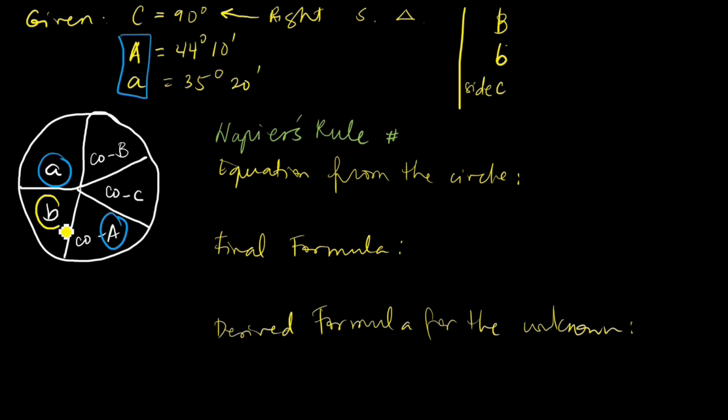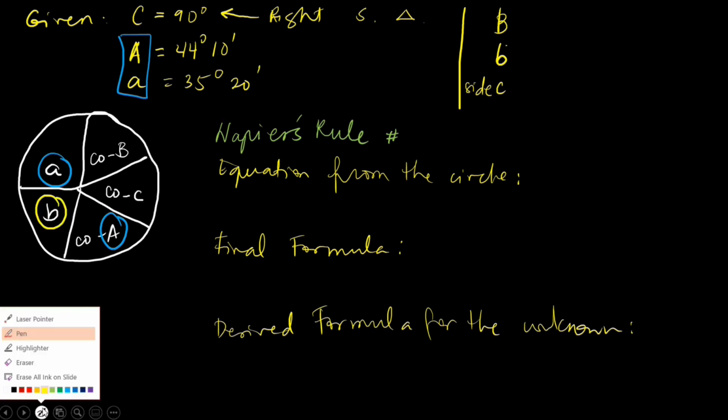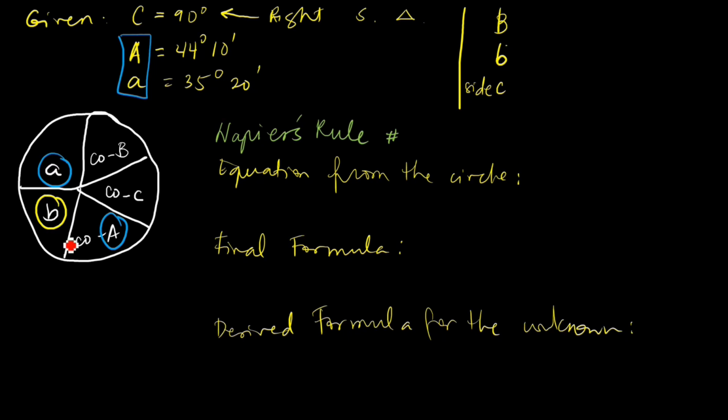So solving for side B. After you locate side B in your circle, you need to determine which one is the middle part. So we have A, B, big A. The middle part is B, the small b, and the two A's here are adjacent. They are beside side B. So since the two parts are adjacent to side B, we can use Napier's rule number 1.